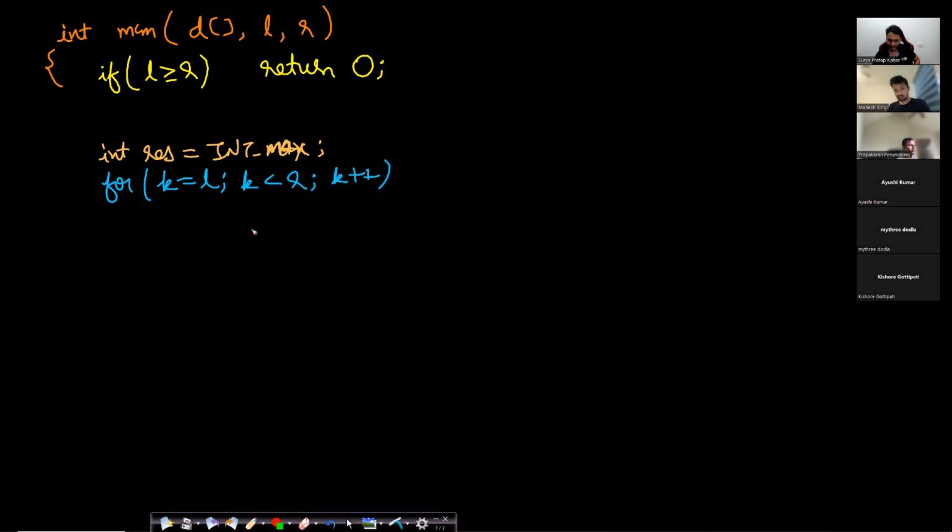And inside this, we have to write the current cost. What is the current cost of multiplication? Current cost is equal to D at L minus 1 into D at K into D at what?